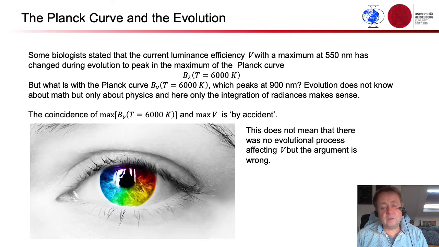Really just by accident, which doesn't mean that there may not be another process which triggers evolution to favor that luminance efficiency, but the way it is described, that it is linked to the maximum of the Planck curve, is not correct.